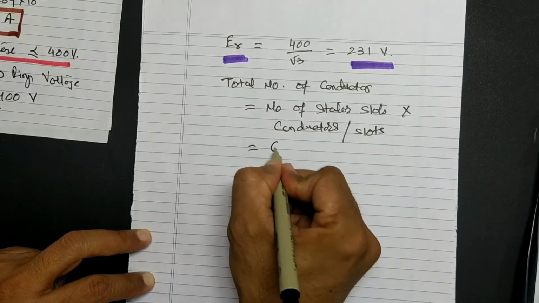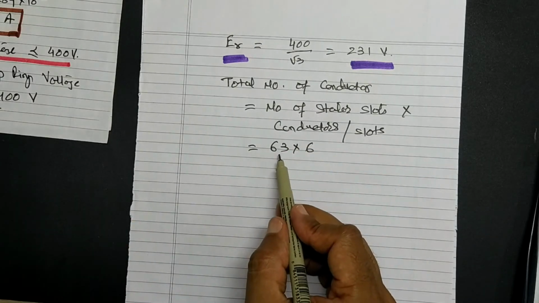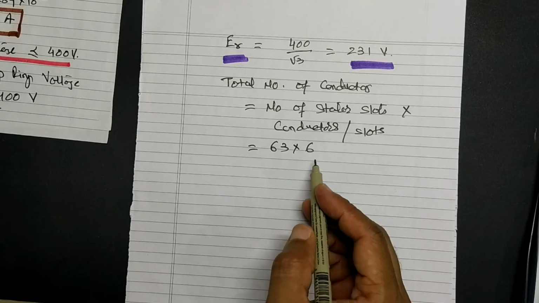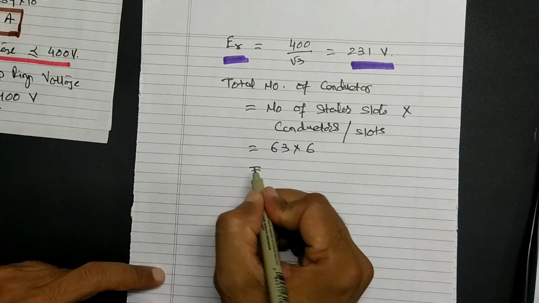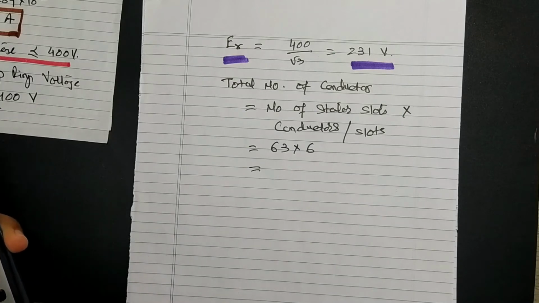It comes to 63 multiplied by 6. 63 stator slots are given, and we have been given 6 conductors per slot. So it comes to 378.